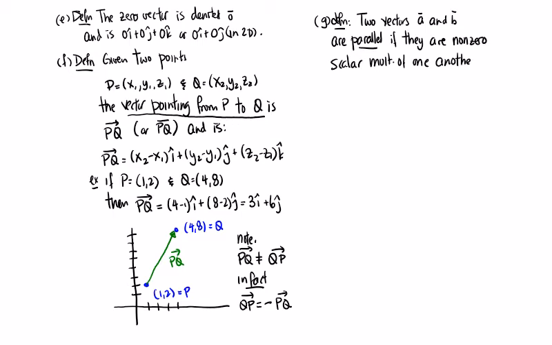I'm being a bit sloppy here: when I say two vectors A and B, these vectors themselves have to be non-zero.